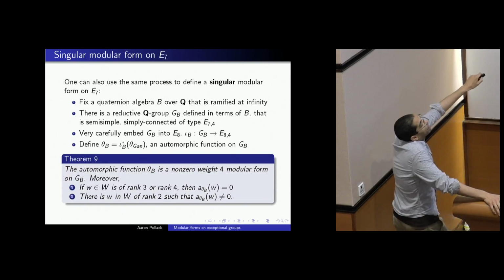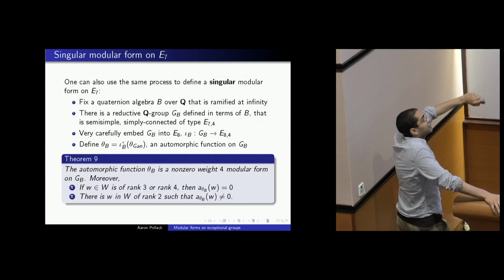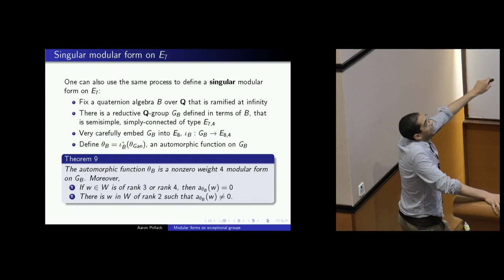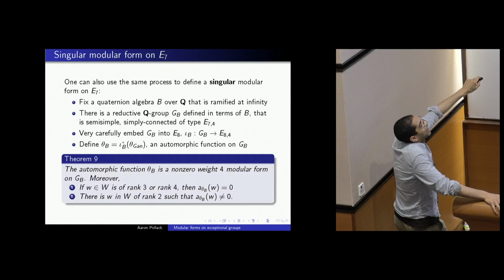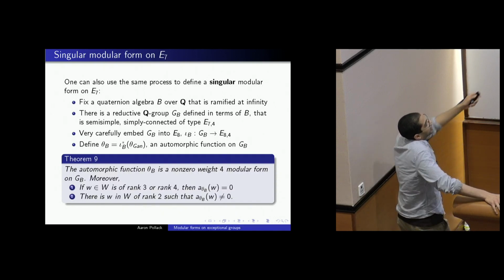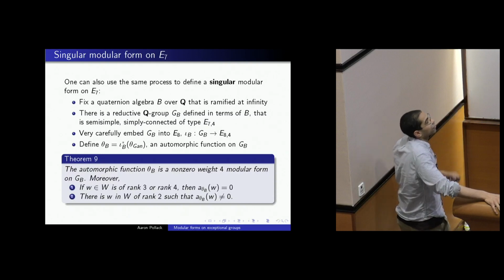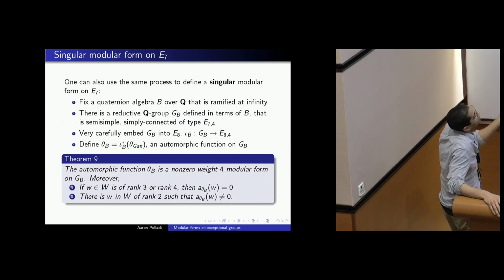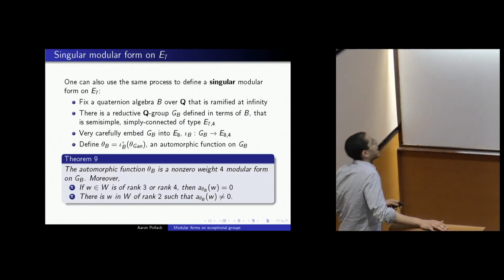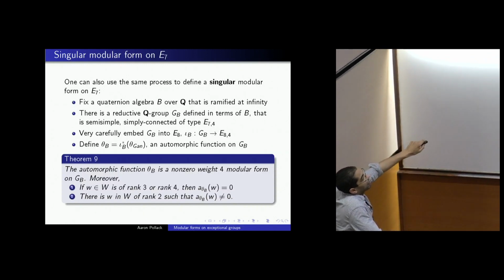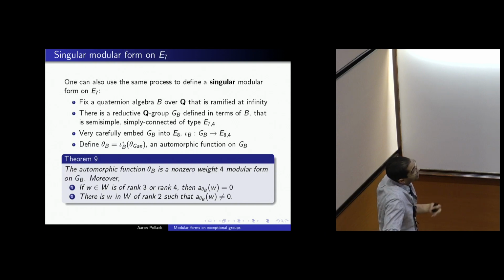And again, you can carefully embed this group into E8 and pull back this guy generating the automorphic minimal representation to E7. And what you get is a non-zero weight 4 modular form on this group of type E7. And the rank 3 and rank 4 coefficients of this function theta B are 0.